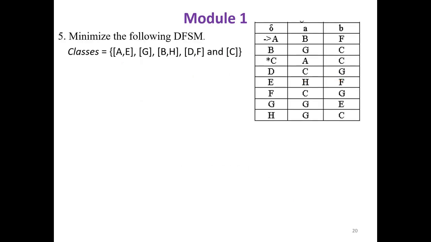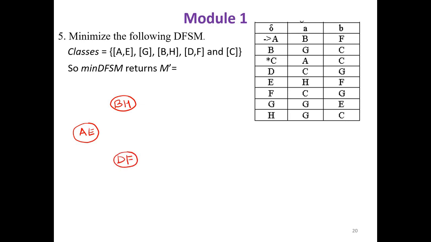The minimized DFSM obtained consists of 5 states: AE, BH, DF, G, and C, where the initial state is AE and the final state is C. Let us complete the delta transitions.